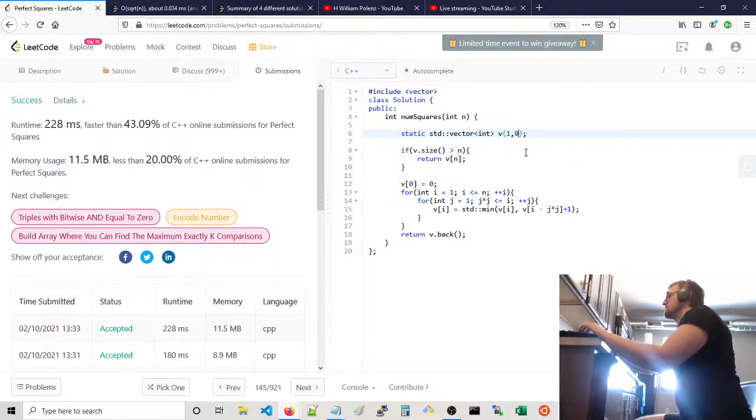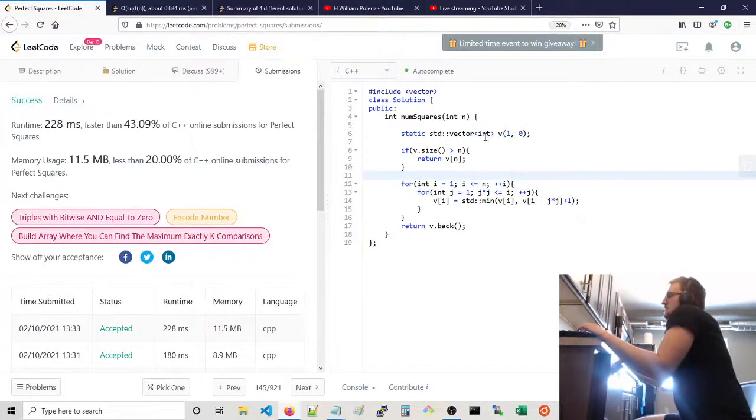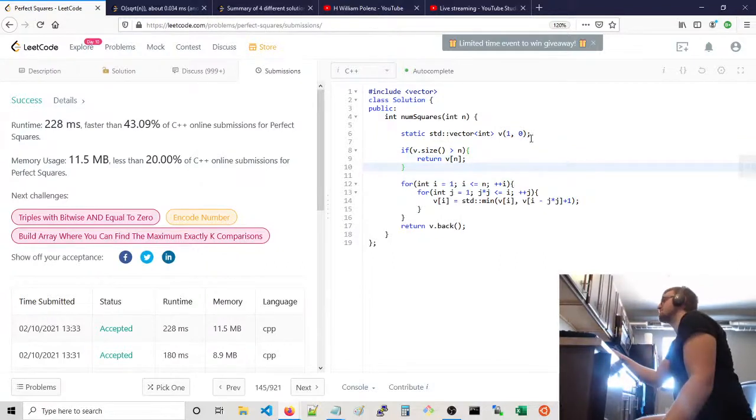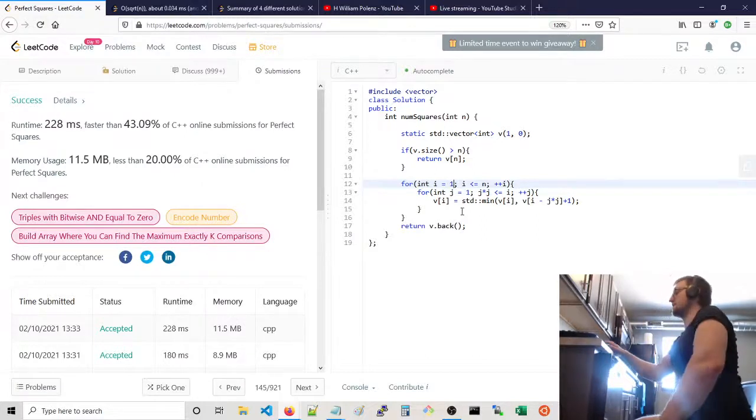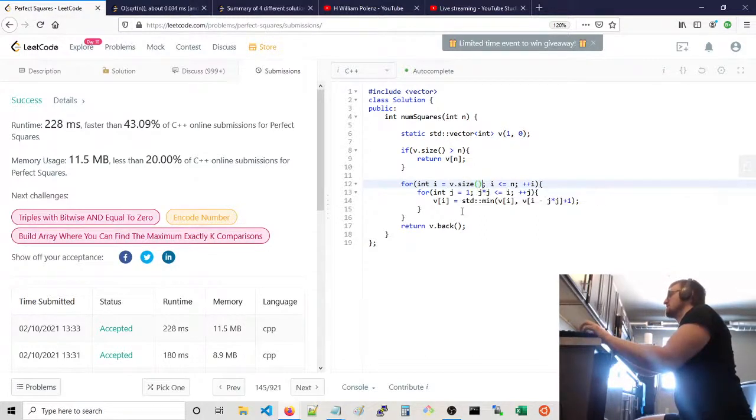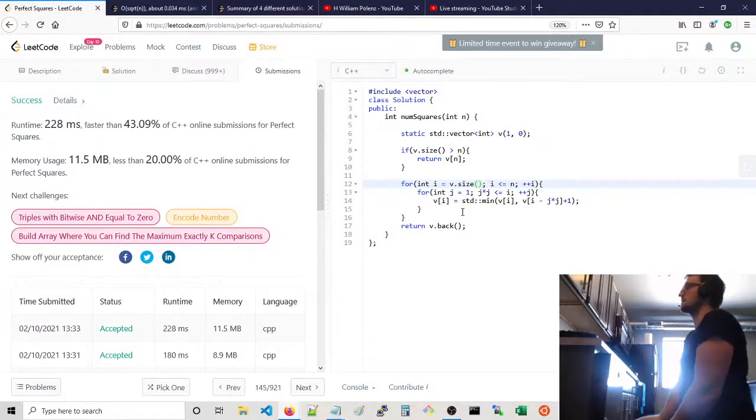Should really be 1, 0 initially, so we can just leave that out. So we're going to say i from really to v.size. I've got to be a little careful here.